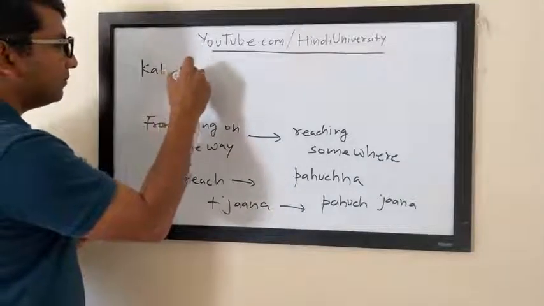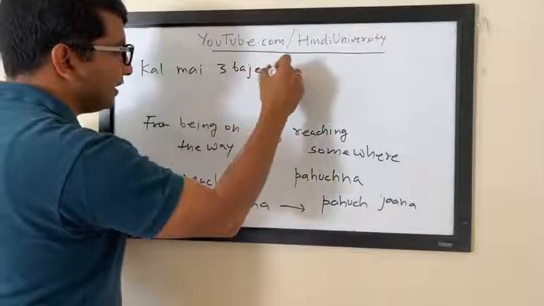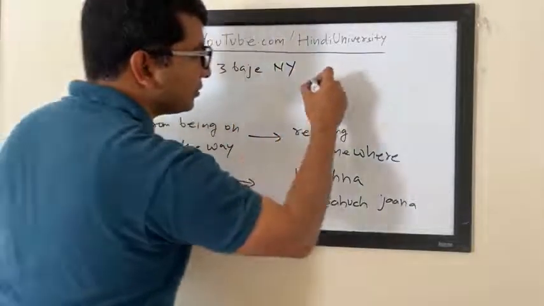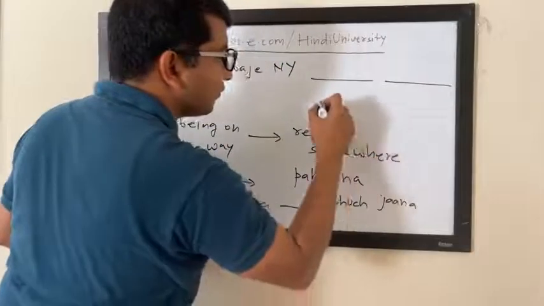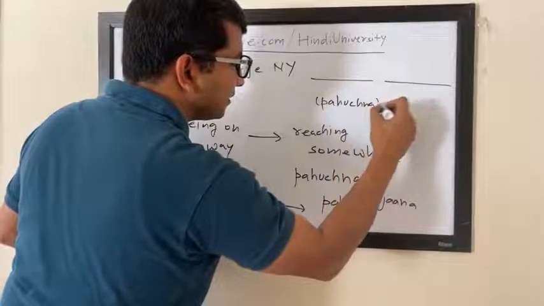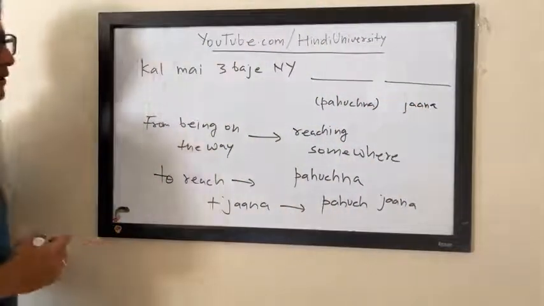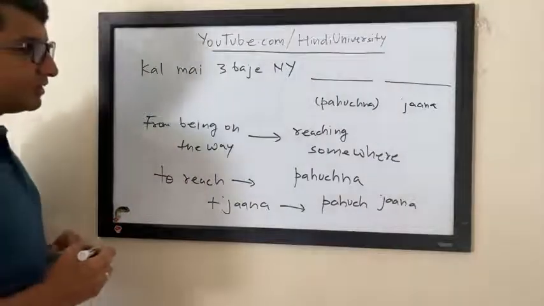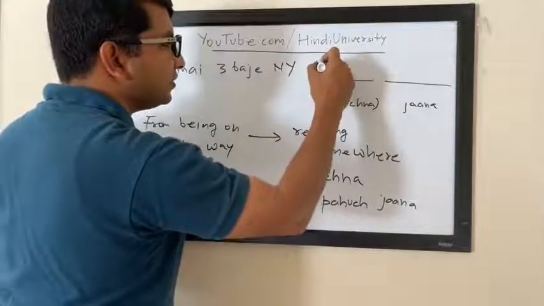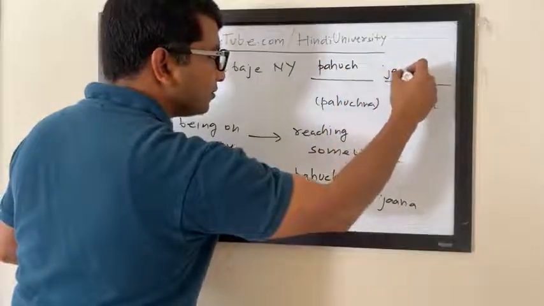Two things: the form of पहुंचना, and jana. पहुंच जाऊंगी. Very good. कल मैं 3 बजे न्यूयॉर्क पहुंच जाऊंगी.